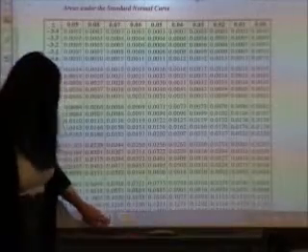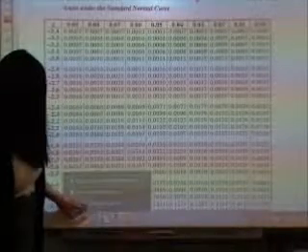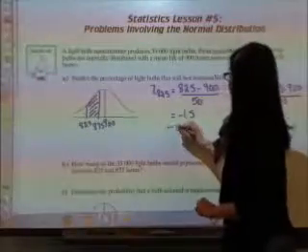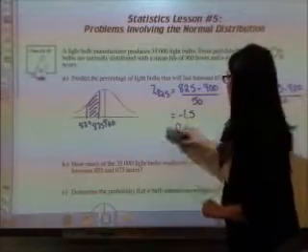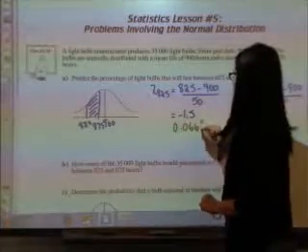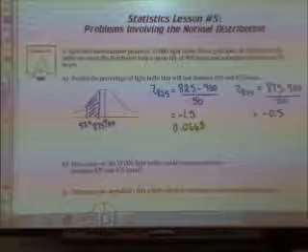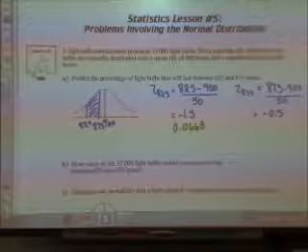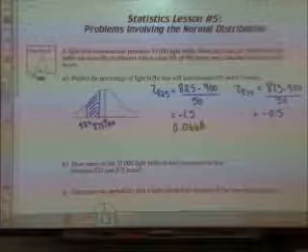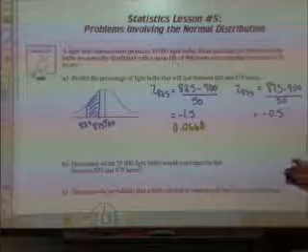So that was my z-score of 1.5. What is the z-score for negative 0.5? 0.3085.